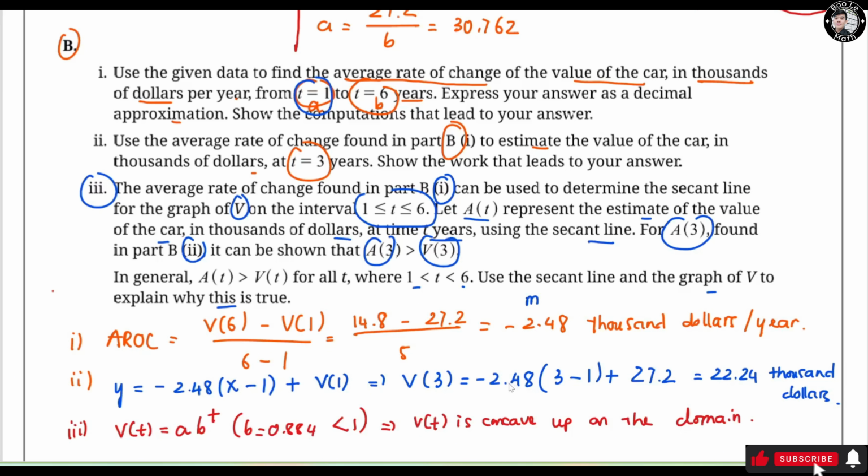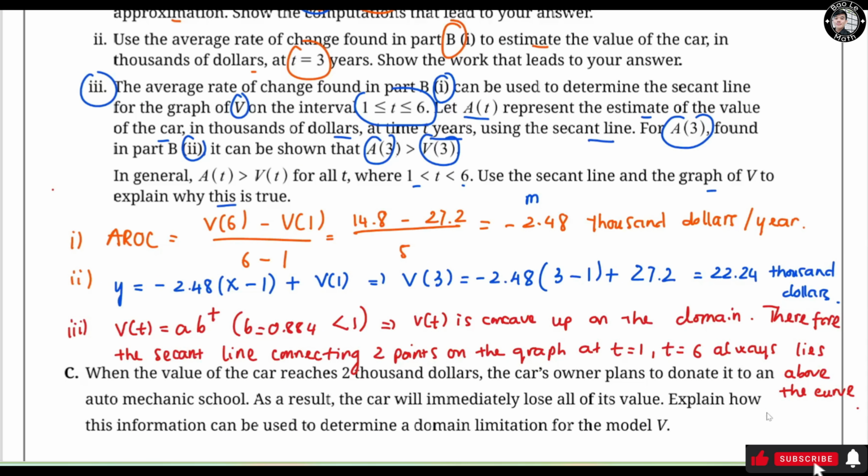Therefore, the secant line connecting two points on the graph at t equals 1 and t equals 6 always lies above the curve for all values of t between those two points. Therefore, A of t is greater than V of t on the interval 1 to 6.